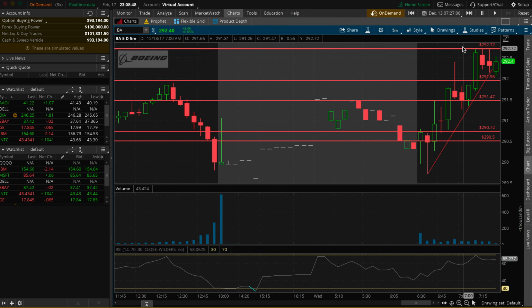But remember, look at this. Big candle, bull flag. Boom. Big candle. Looks very similar. So let's see if we bust through that or if we go back the other way.